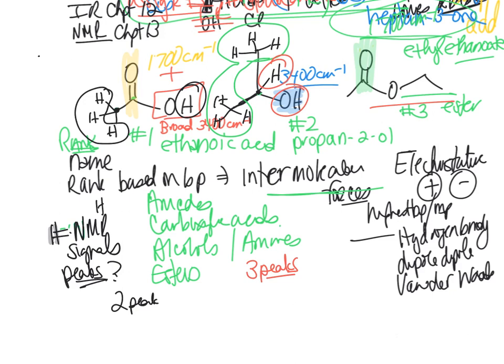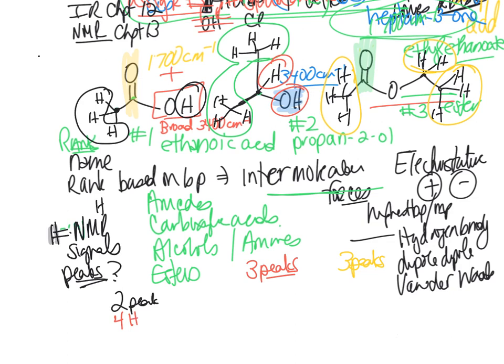All right, you come over here, drawing your hydrogens, because we're assigning hydrogen NMR. It says 2, and this has 3. So these are equivalent. That's 1 peak, 2 peaks, 3 peaks. This would have 3 peaks in NMR. How many protons? 1, 2, 3, 4. It should integrate out to 4 hydrogens. This one, 8 hydrogens. This one, 3, 4, 5, 6, 7, 8 hydrogens.